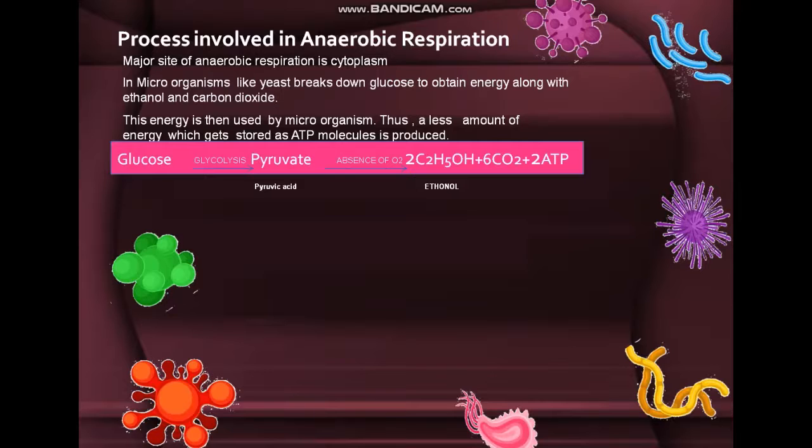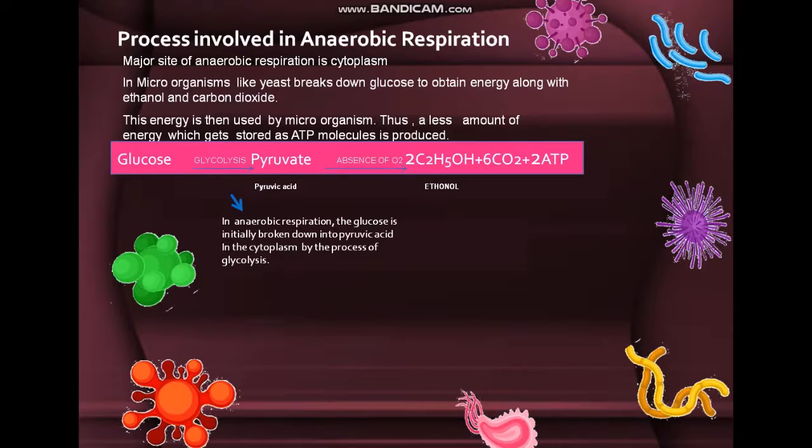So, in the absence of oxygen, it gives ethanol, carbon dioxide, and ATP. Do you see the difference here? Aerobic respiration releases 38 ATP molecules, whereas anaerobic respiration just gives 2 molecules of ATP, which means the energy produced here is much lesser than in aerobic respiration.